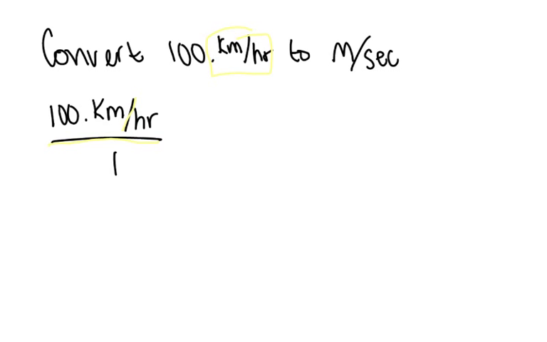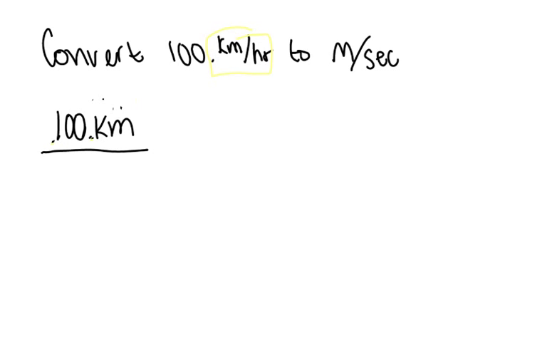So what you really want to do is use that original fraction bar to your advantage. So whenever you do your 100 kilometers, put that over 1 hour.